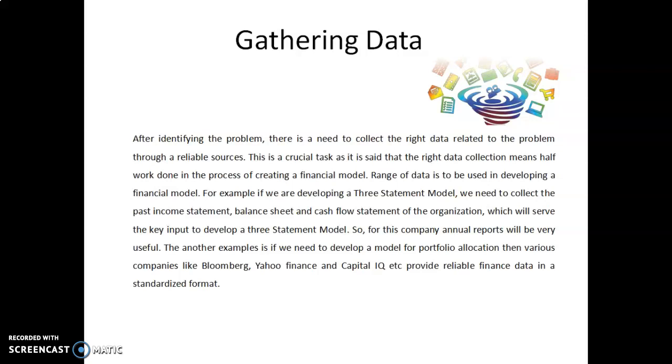So it's very important to take the inputs from the concerned person and from the available, reliable data to develop a financial model. These two are very important steps to develop a financial model.